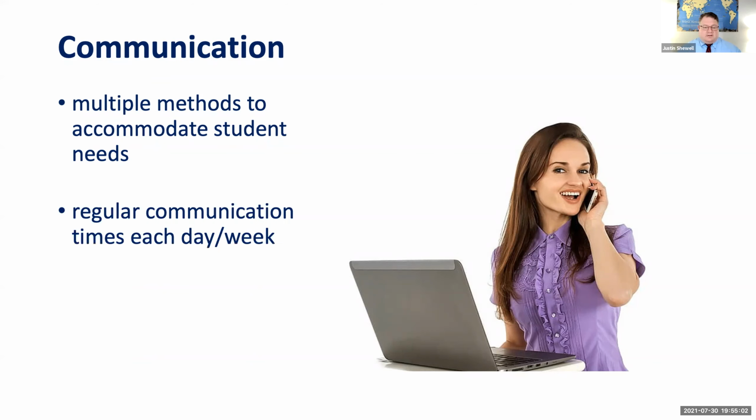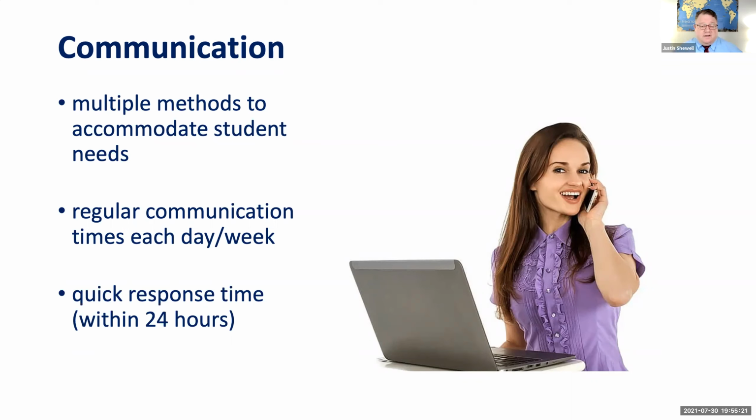I give them regular times to communicate with me. I do office hours. So, I say, hey, I'll be on Zoom Thursdays at 7 o'clock. If you want to meet with me and ask me questions live, you can do it then. I tell them also when I will respond to email. And I try to respond as quickly as I can. I'm usually pretty good about responding to email.